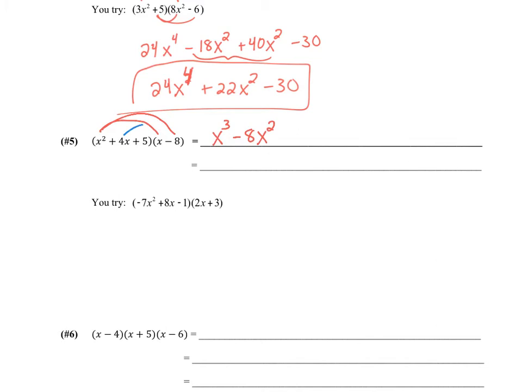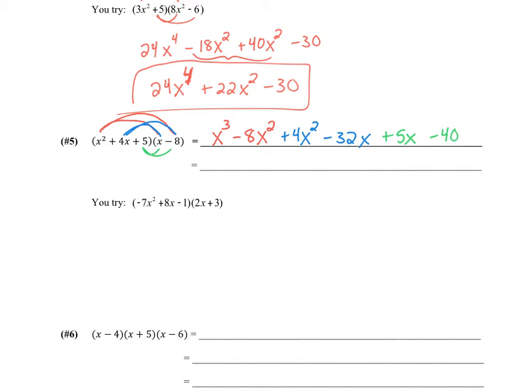Then we have to distribute the 4x. 4x times x is 4x squared. 4x times negative 8 is negative 32x. And then distribute the 5. 5 times x is 5x. 5 times negative 8 is negative 40.